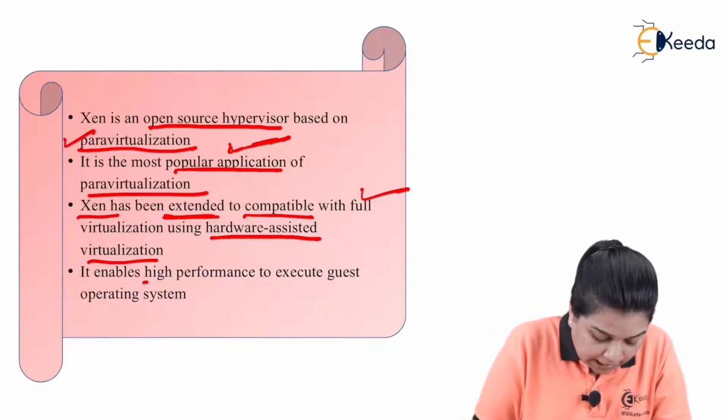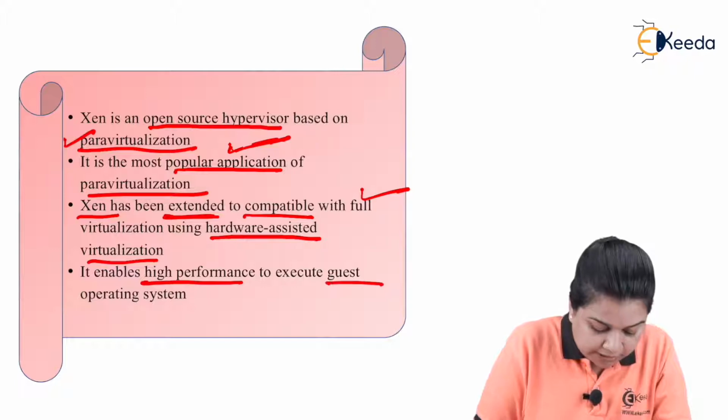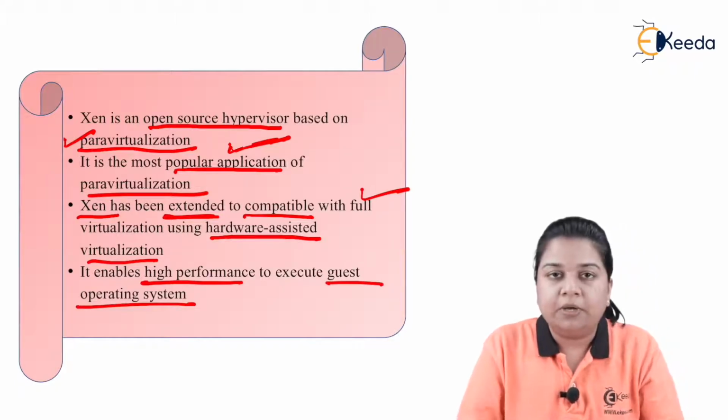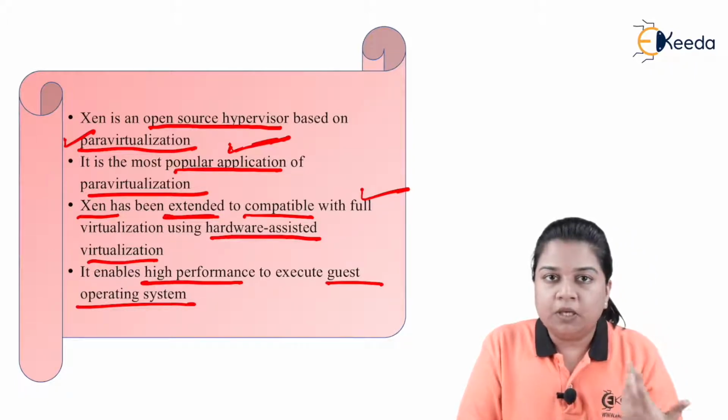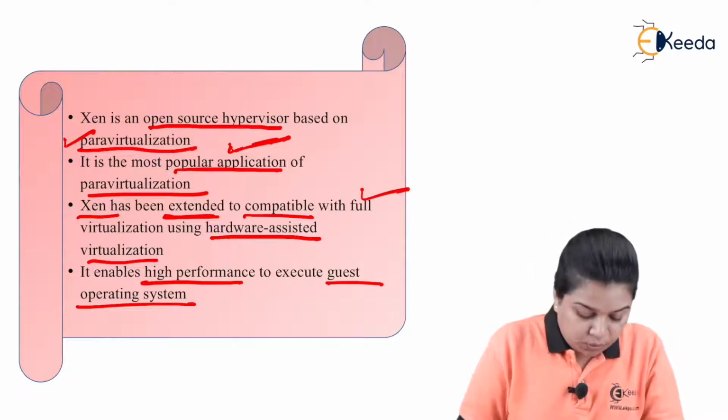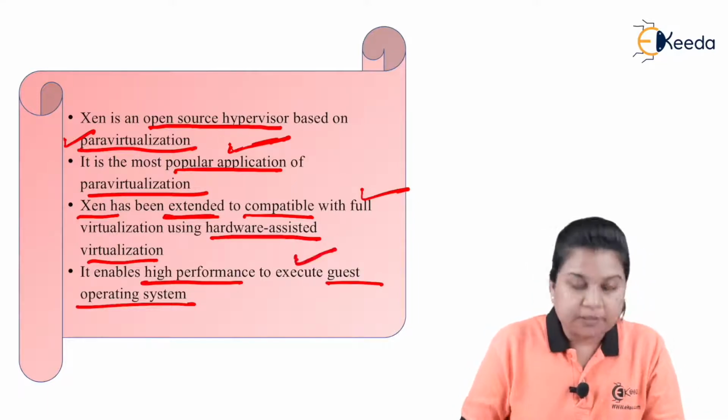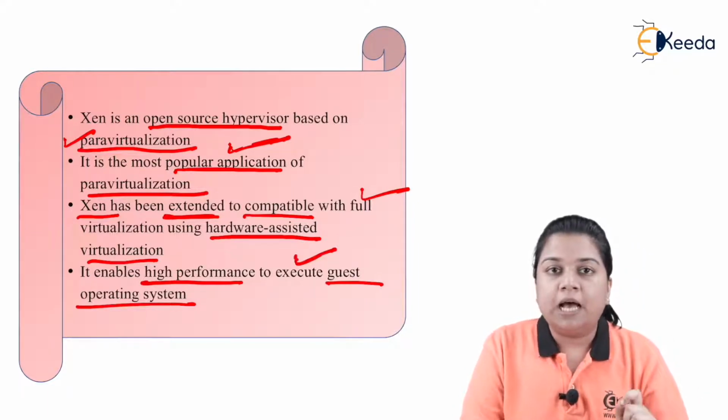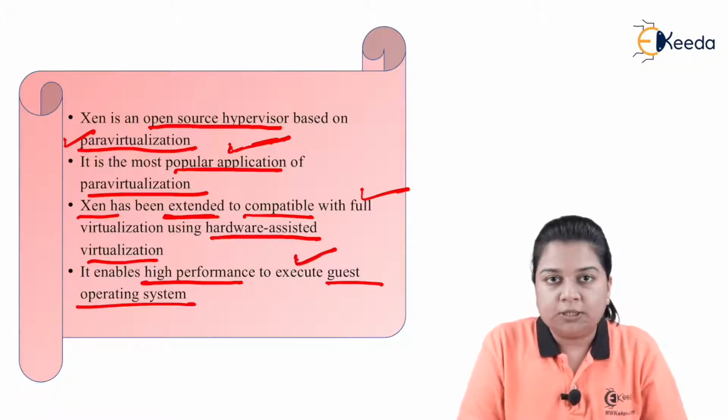It enables high performance to execute the guest operating system. Now the guest operating system is with the virtual machine. So to execute the guest operating system, Xen enables high performance in the machines.